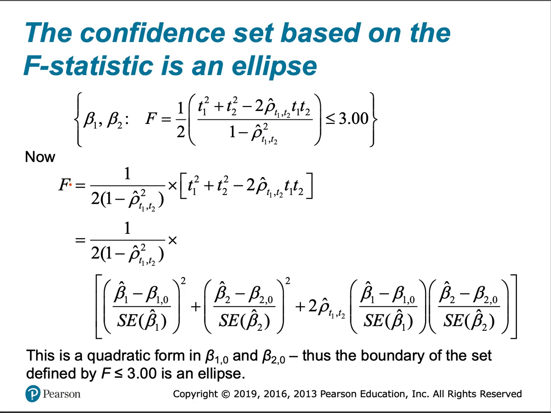We can rewrite F as 1 over 2 times 1 minus the correlation squared, times t1 squared plus t2 squared minus 2 times the correlation times t1 times t2.